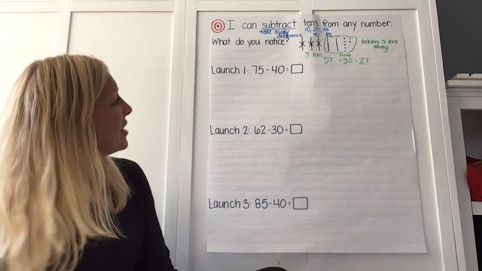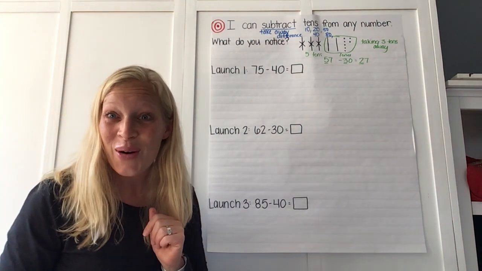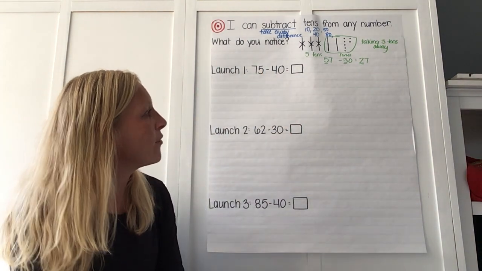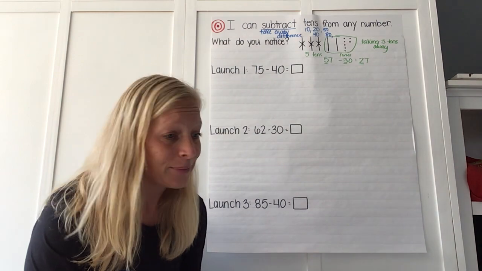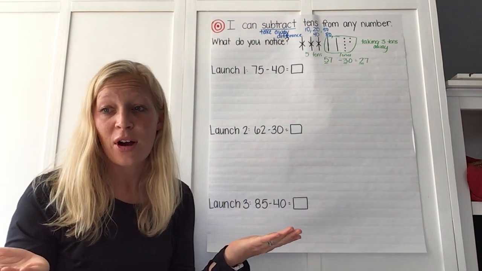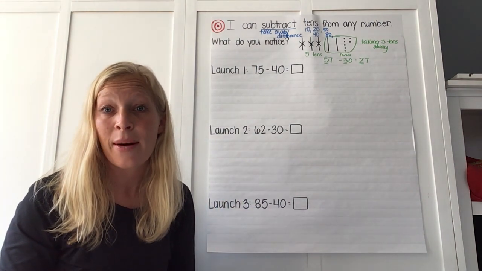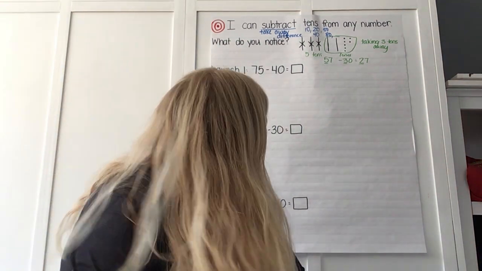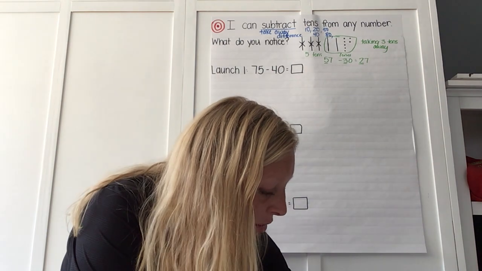All right? Let's take a look at our first problem, and I'm going to let you go ahead and solve it on your own. 75 take away 40 equals blank. I don't care how you solve it, but I do want you using some kind of a model to show your thinking. Where is your 75 in your model?